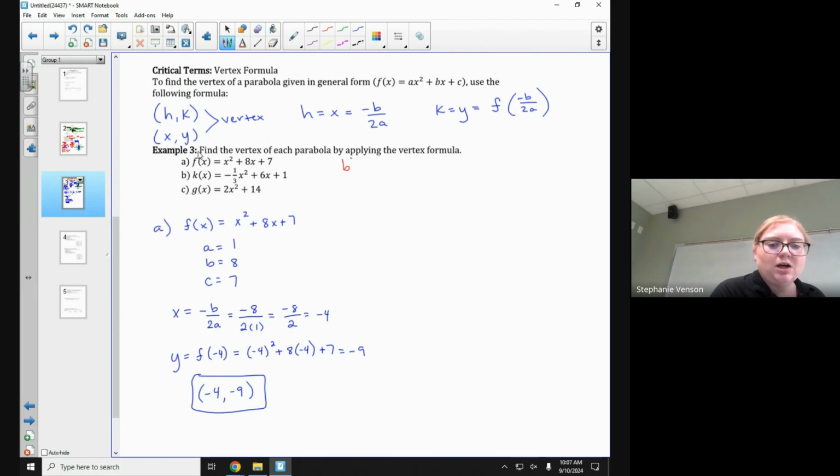So B, I wanted to show you this one because it was a fraction. K of X equals negative 1/3 x squared plus 6x plus 1. I know y'all know how to do this, so I'm just going to write it. A is negative 1/3, B is 6, and C is 1.